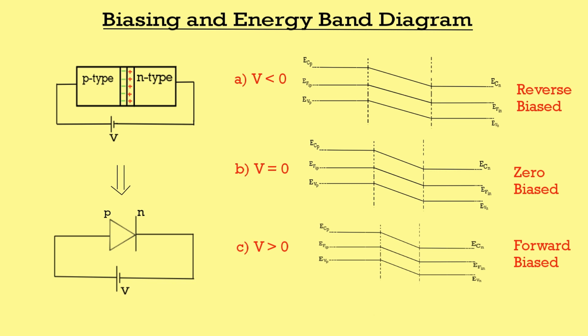As you can see from the energy band diagrams of reverse bias and forward bias, the depletion width is also dependent upon the applied voltage. If we apply a negative voltage, then the depletion width increases, whereas if we apply a positive voltage, then the depletion width decreases. As a matter of fact, after a certain positive voltage, this depletion width completely disappears.